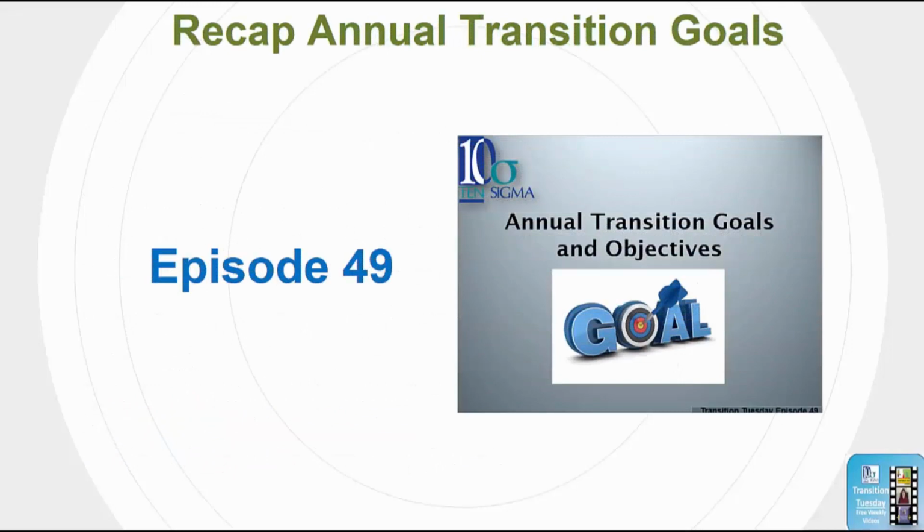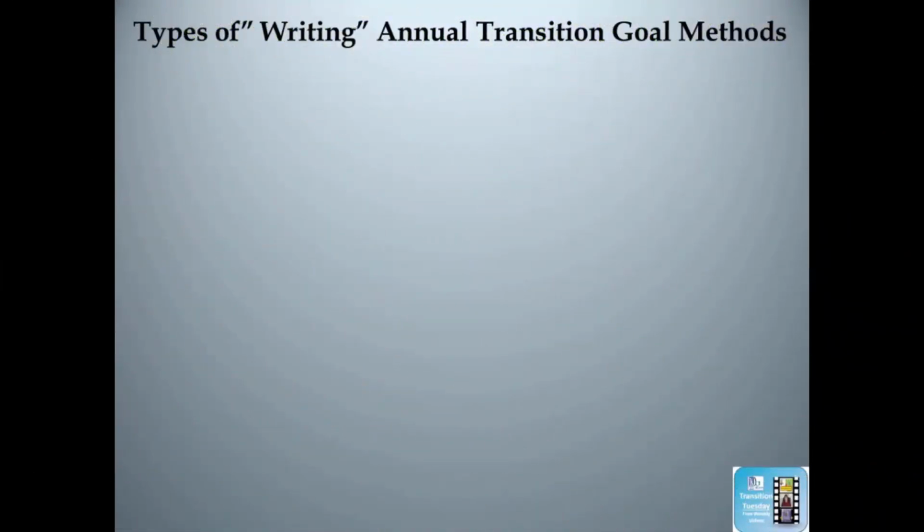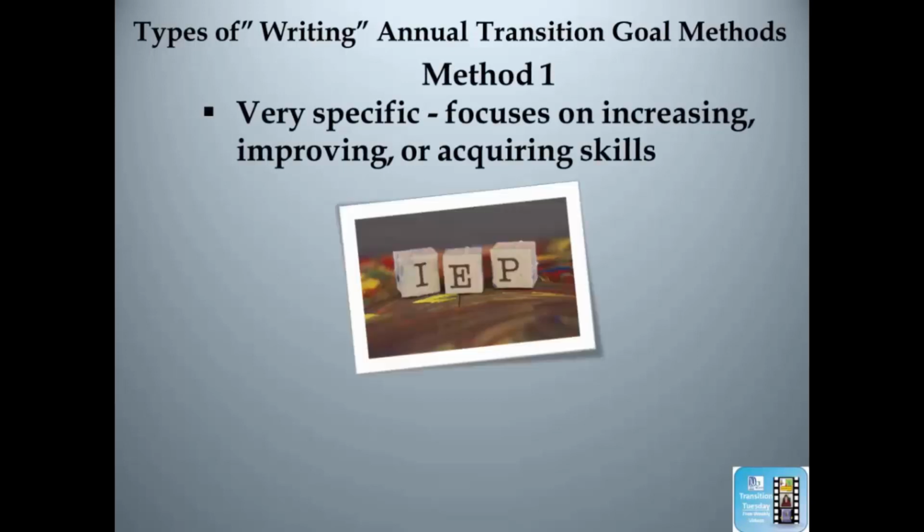Now that we've discussed the components of compliant annual goals, let's look back at episode 49 on two methods of writing annual goals. There are two common methods for writing annual transition goals. Method 1 is very specific and it focuses on increasing, improving, or acquiring skills.